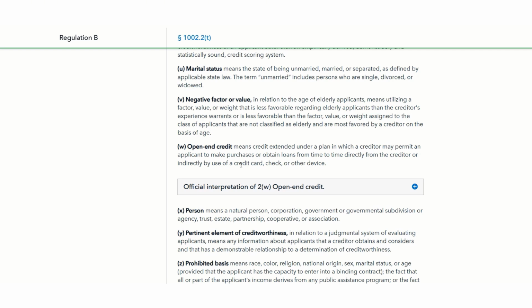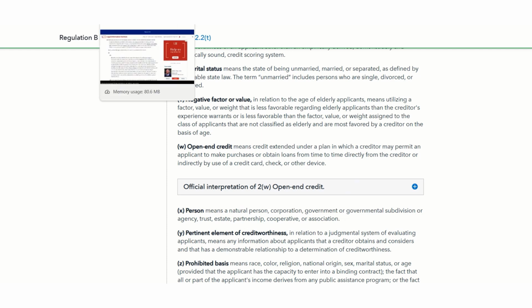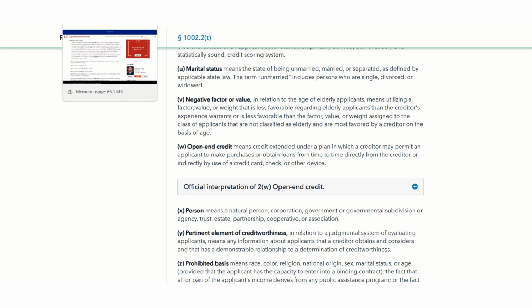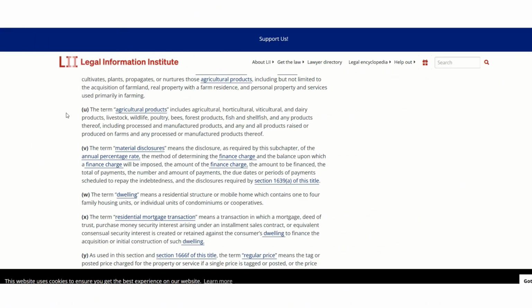So we already know what a credit card means. It's your social. So you use your social to get a loan or auto loan under a plan. We already know what a plan is. It will be under an open-end credit plan.